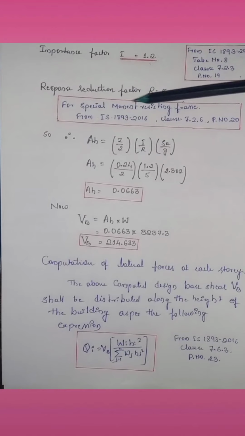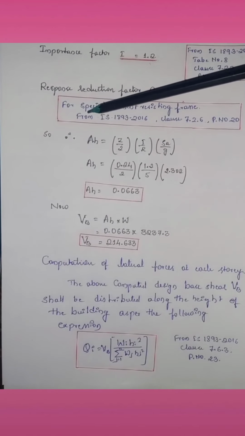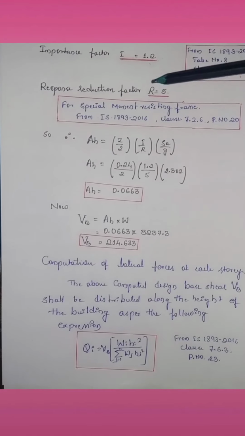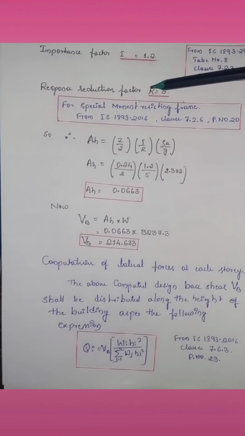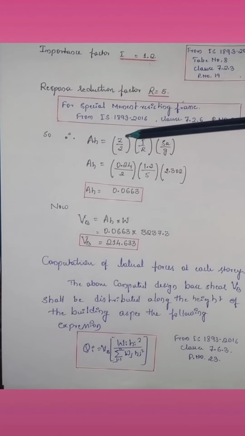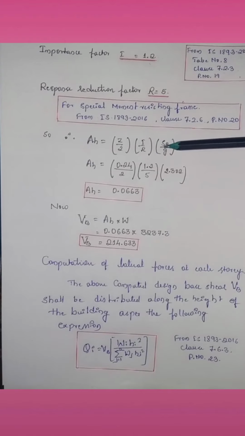So from IS 1893 2016, clause 7.2.6, page number 20, you will find a table there, and R is equal to 5. I have taken it from this. Therefore Ah is equal to Z/2 times I/R times Sa/g.